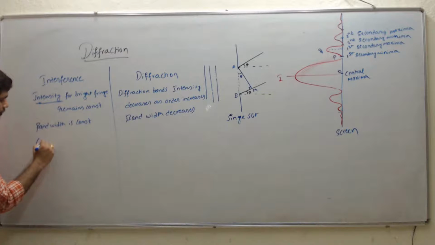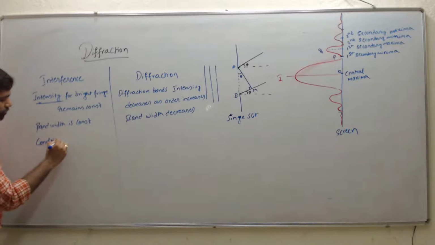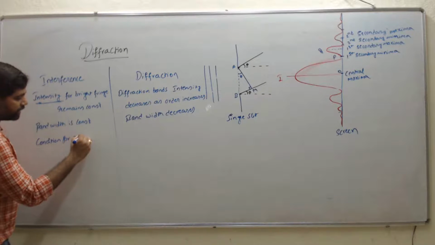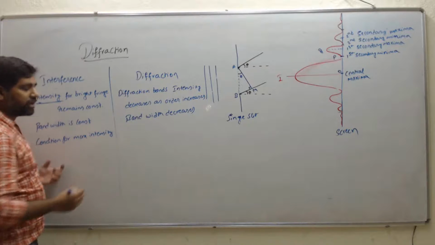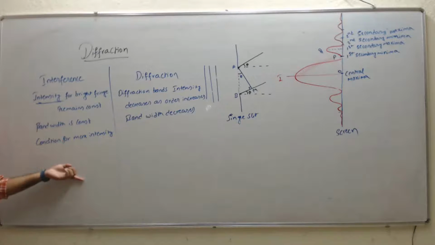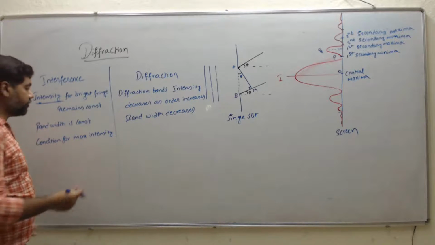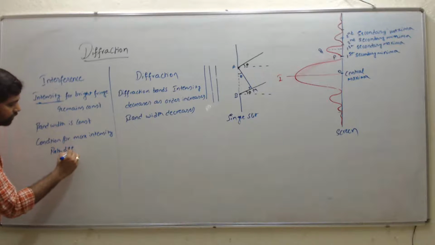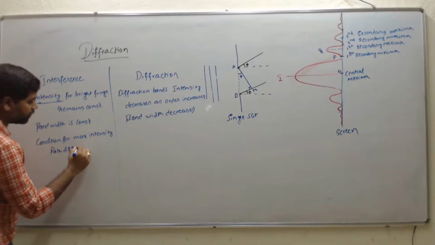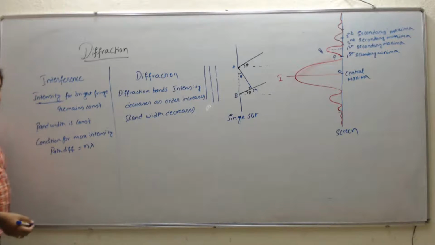Next, the condition for maximum intensities. We can write it either in path difference or in phase difference. In terms of path difference, in case of interference, the path difference is equal to n lambda.